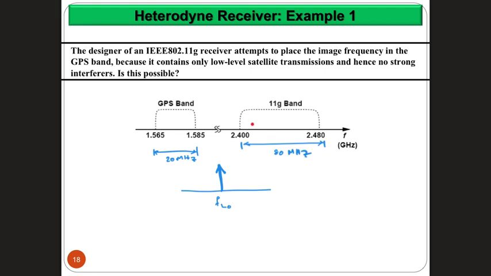Now the next one is going to have an image somewhere here, the next one somewhere here, until I reach the 20 megahertz bandwidth, which is approximately 2.42, right?